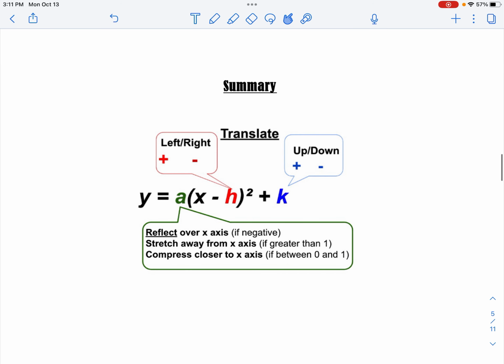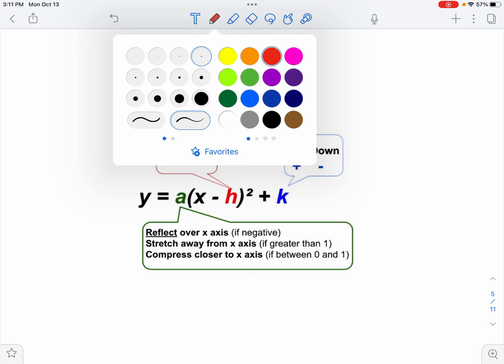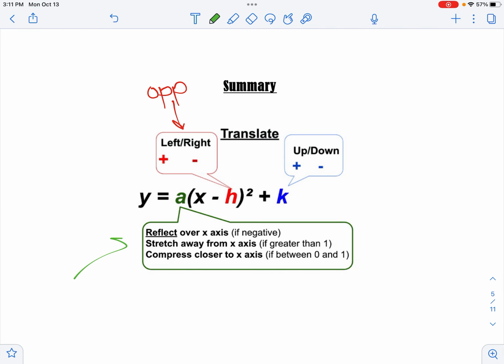Okay, so we've already talked about sliding. Remember, this h value here slides it left and right, and those were kind of opposite of what you might think. And then the k value moves it up and down, and that's just normal. Okay, and now the a value, which we just kind of looked at, if it's negative, then it's a reflection across the x-axis.